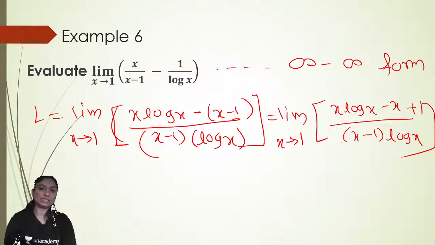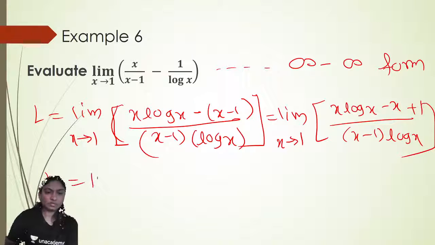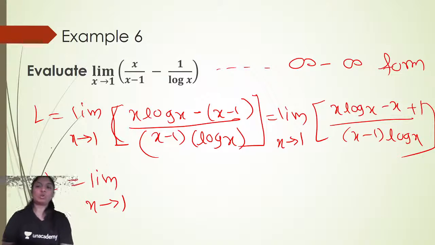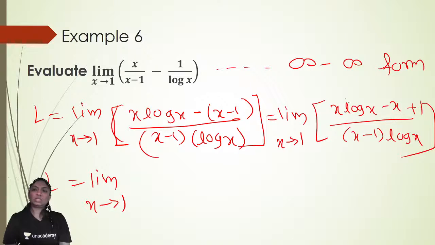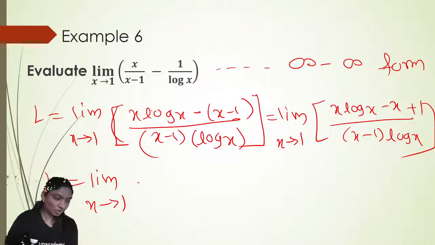Now put the limit as x tends to 1. Log 1 is 0, so this is 0, and minus 1 plus 1 is again 0. So you get 0 upon 0 form.